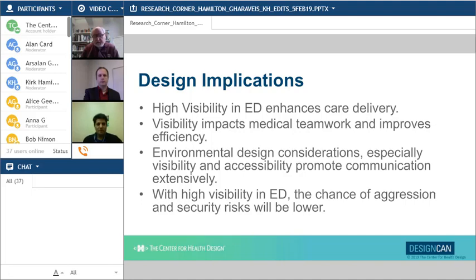You could take the implications of visibility in this study about emergency departments, and you might say there are some analogies with critical care that would suggest you could interpret what has been learned here and use it in other settings. We know that the visibility across from one staff member to another impacts the teamwork, and it has the potential to improve efficiency.